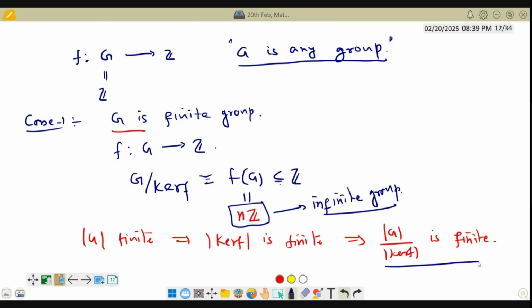So how can a finite group be isomorphic to an infinite group? So in this case there is only the trivial homomorphism. Is it clear? Yes, sir. Good.